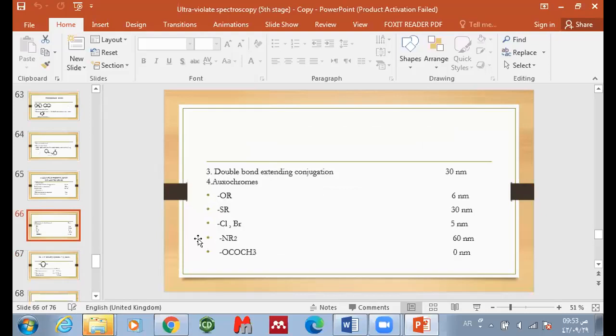If we have a double bond extending conjugation, it will add 30 nanometer to the wavelength. Thiol will add 30 nanometer as well. So you have to save these values in your memory. This depends on you.